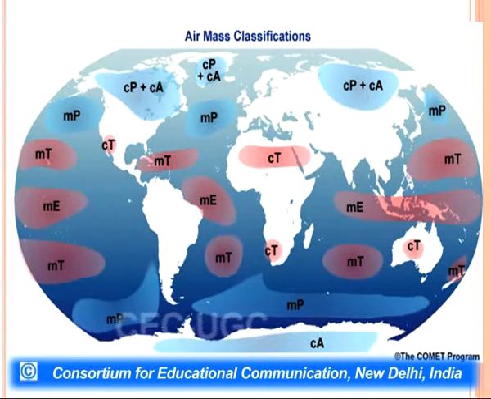I will take CP, the continental polar air mass, first. It develops over the northern part of Asia all the way from the Ural mountains to Verkhoyansk. You know Verkhoyansk, the coldest place in the world. Very cold condition. So this air mass at source is cold, dry and stable.